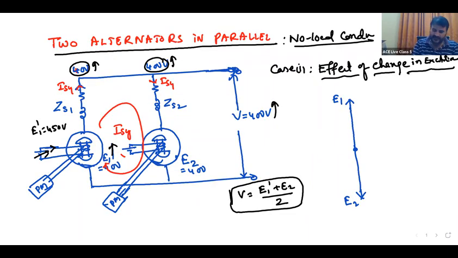Why? Because this ISY is circulating inside the machine, so resistance is negligible. When resistance is neglected, the armature winding is a pure inductive circuit. Therefore, the current lags this resultant voltage by 90 degrees.